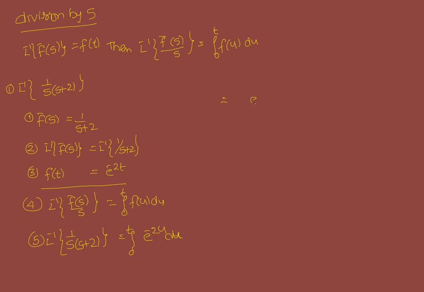That is equal to e power minus 2u by minus 2 between the limits 0 to t. That is e power minus 2t by minus 2 minus, in place of u putting 0, you are left with minus 1 by 2. Taking 1 by 2 common, what you are left with is 1 minus e power minus 2t.